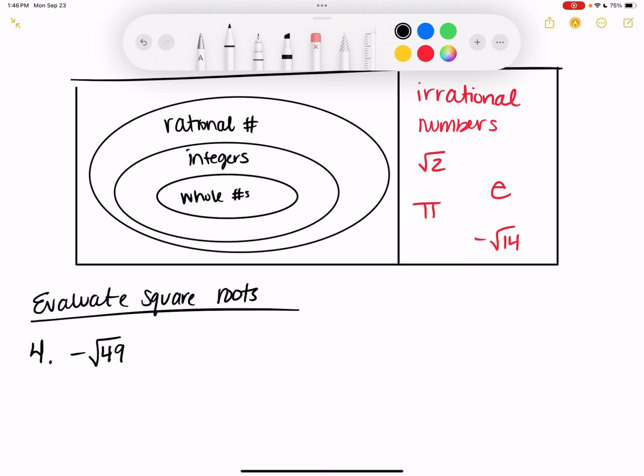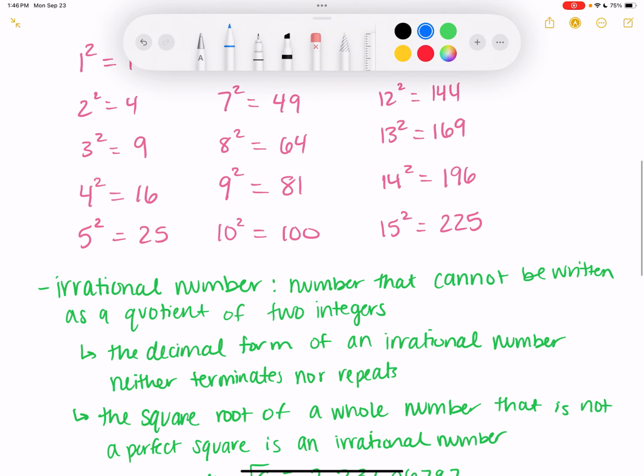So the square root of 49 would be what? 7. Okay, I didn't ask about the negative yet. When we have the negative, it makes it -7. So this is working backwards. 7 squared is 49, so that's how we're working backwards. That's why we did all of these things up here, so that we can work backwards.